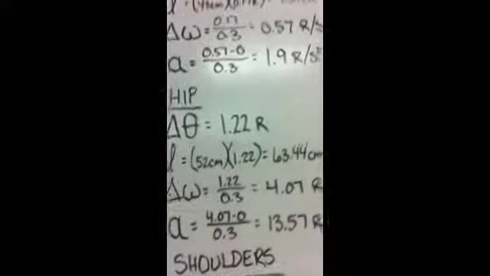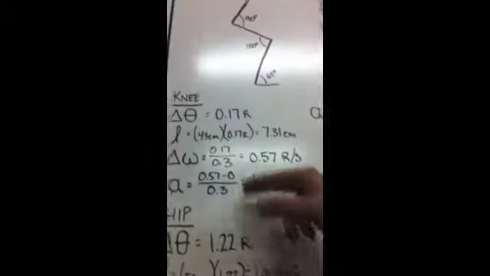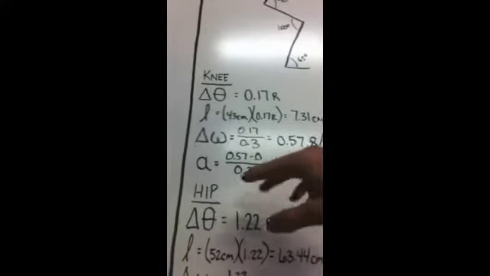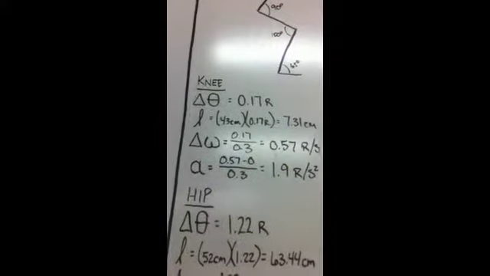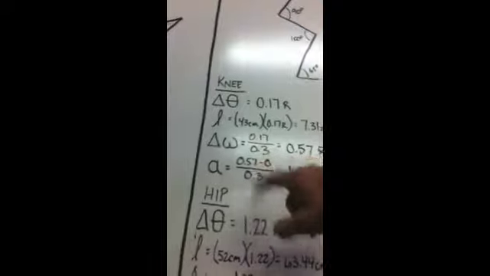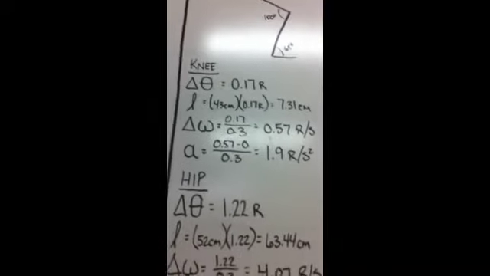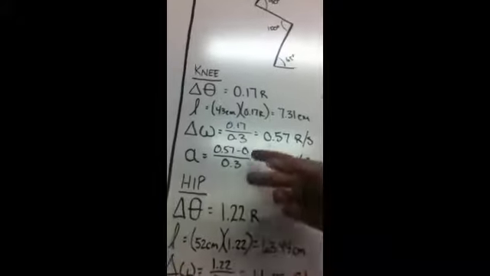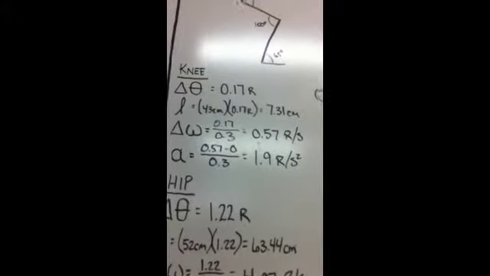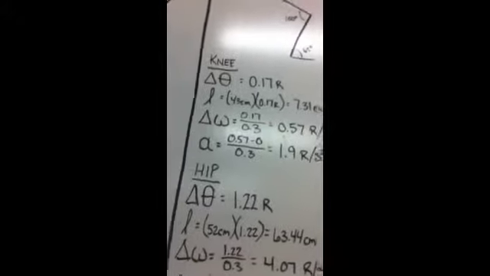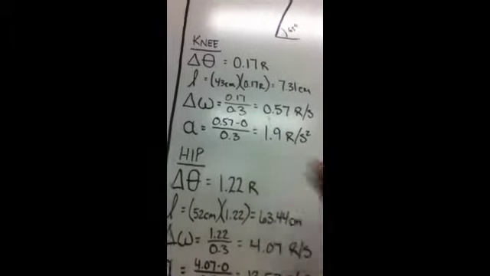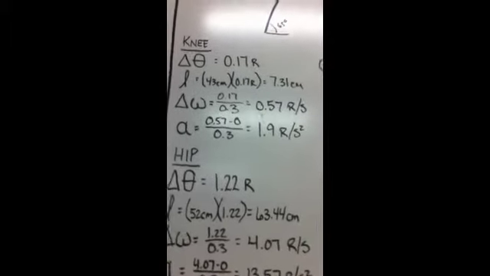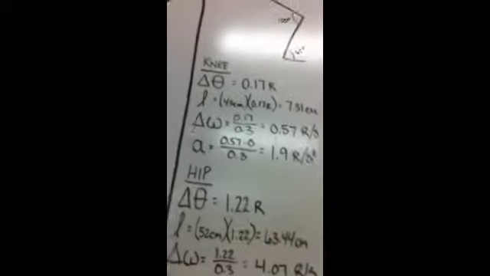This will be the same math that I used throughout, so this is the only example that I'll show the actual math for. For angular acceleration, I took the final angular velocity of 0.57 radians per second, subtracted the initial, which would be 0, and divided that by 0.3 or 3/10 of a second, which ended us with 1.9 radians per second squared.